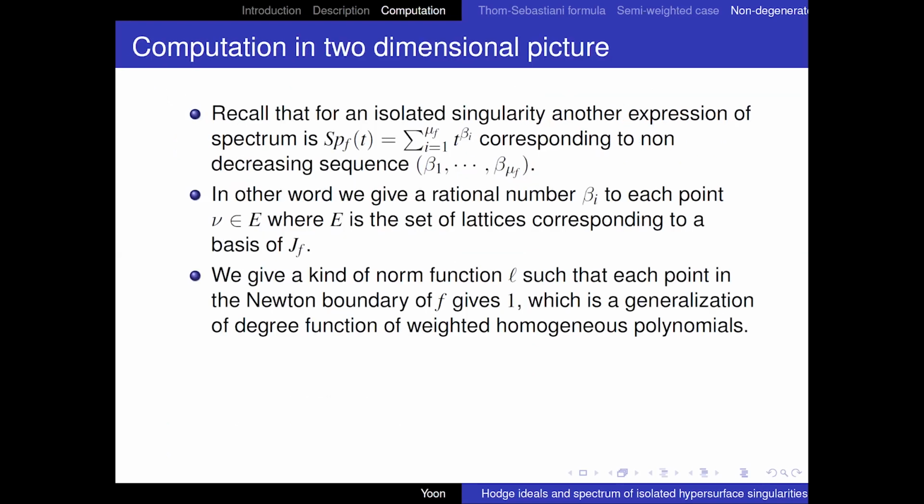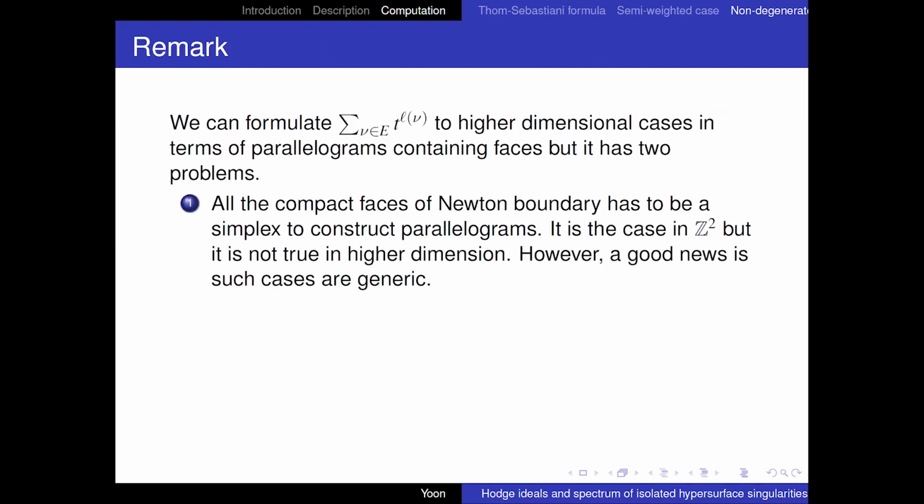We can generalize this method to higher dimension using the formula given by Steenbrink. But this is not always applicable because we need a parallelogram. In the two-dimensional case, everything is a parallelogram or line segment.